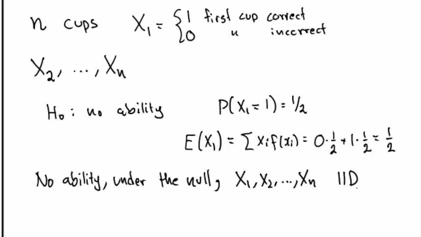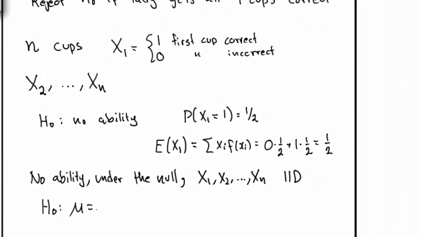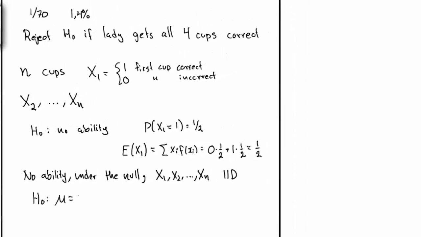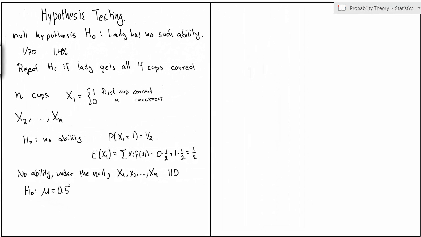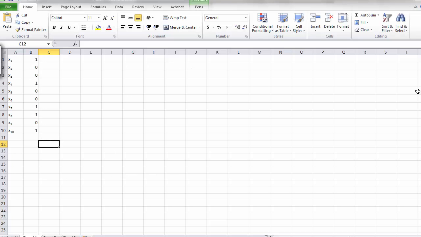They have precisely the same distribution, a 50-50 chance of getting each cup correct, and they have this common expected value of 1/2. So another way of writing the null hypothesis of having no ability is that this mu, the expected value, is precisely 0.5. A person with some ability to distinguish these cups will have an expected value which is greater than 0.5.